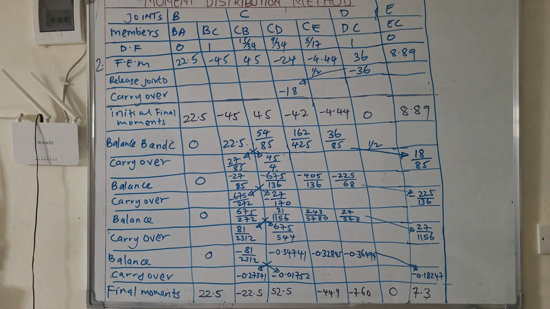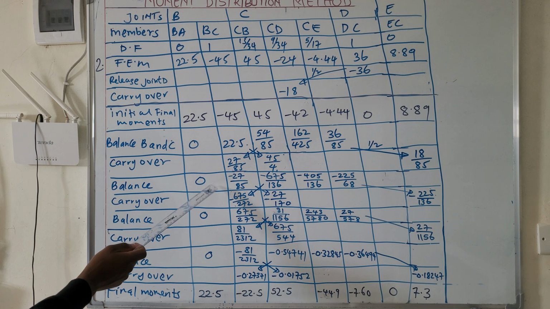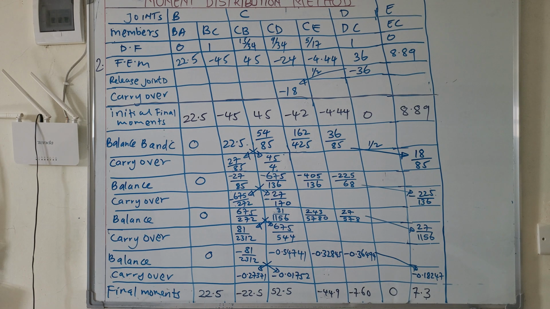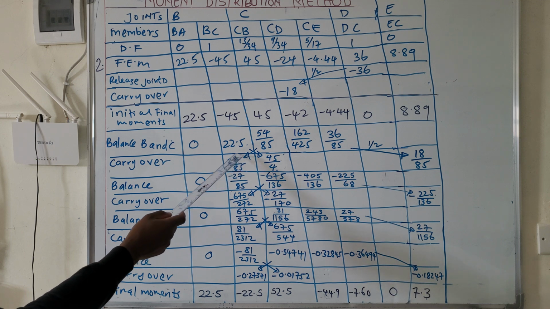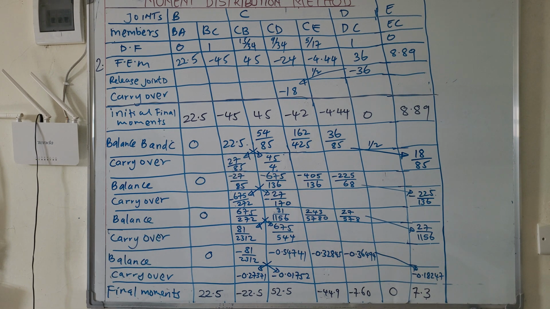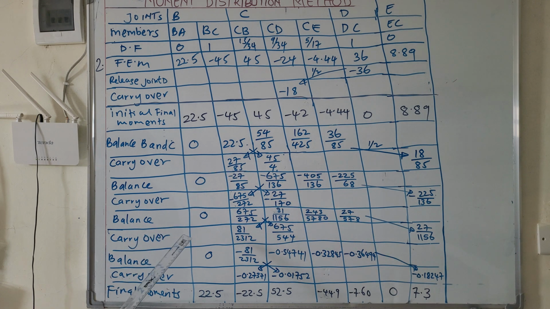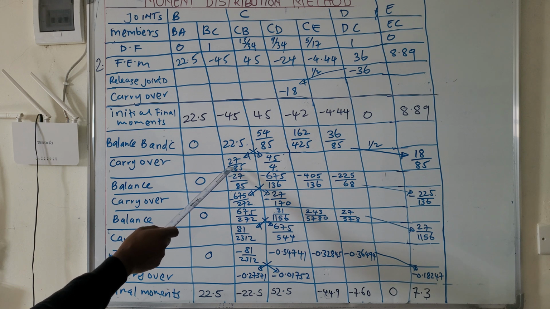So let's proceed. After carrying over, we again come to balance, and the balancing will take this value, which is positive 27 over 85. The opposite sign of positive is negative.